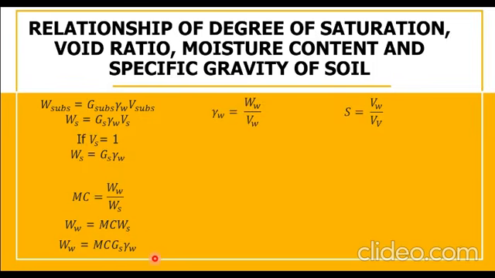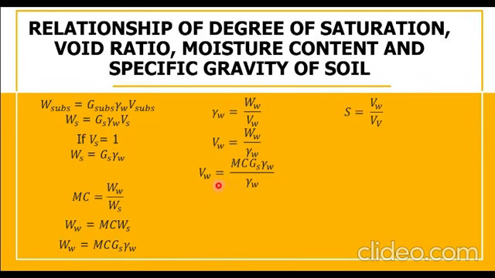And then unit weight of water is equal to weight of water over volume of water. And therefore, volume of water will be equal to the weight of water over the unit weight of water by transposition method.